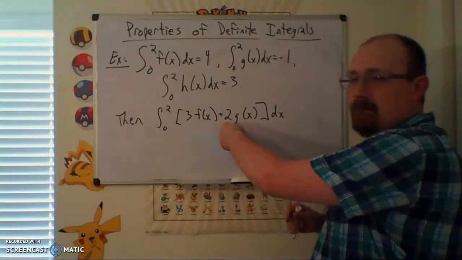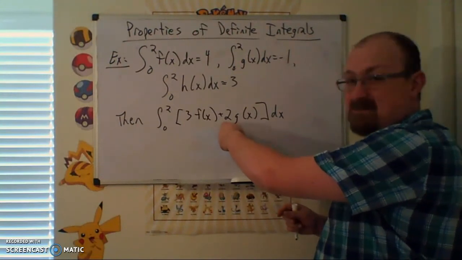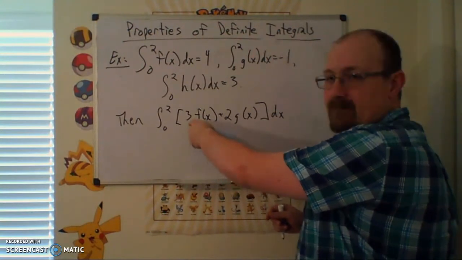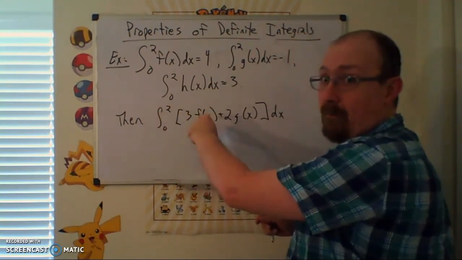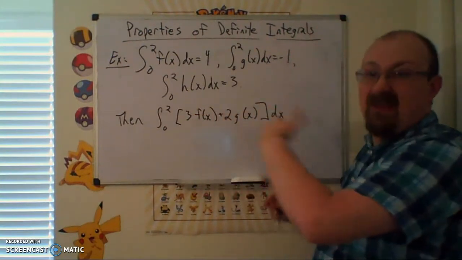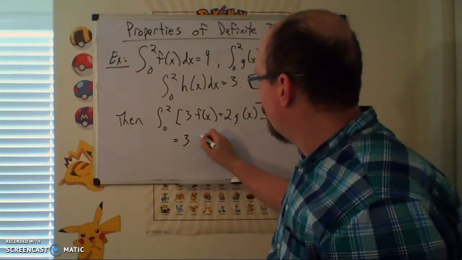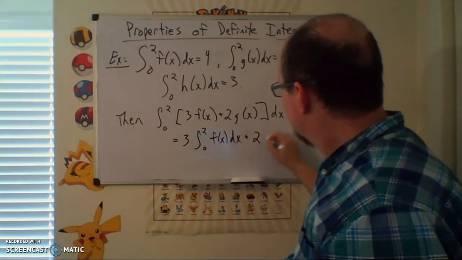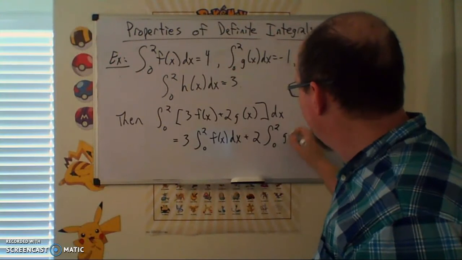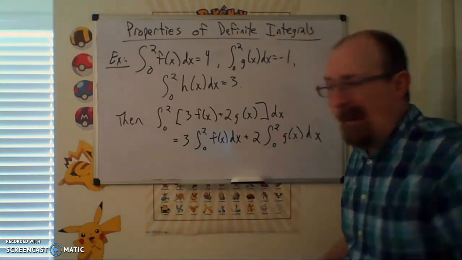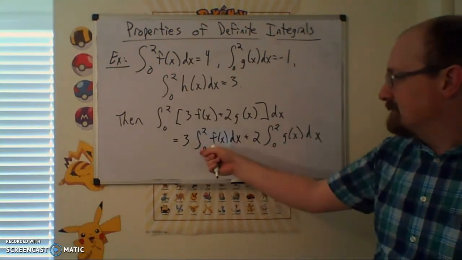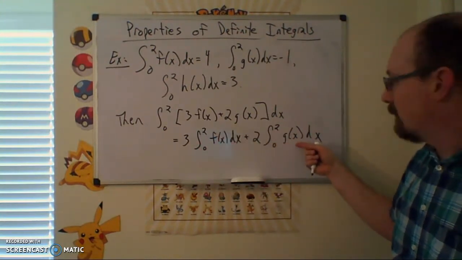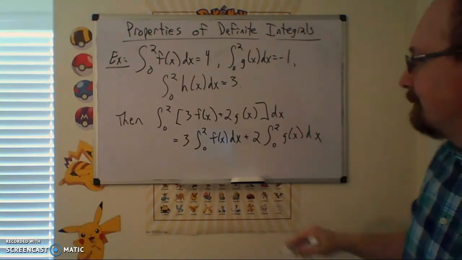Our sum difference property lets us break this up into two separate definite integrals, and then the constant multiple property, if you will, lets us yank the 3 and the 2 out front. So this thing would break down like so: 3 times the definite integral of f of x as x goes from 0 to 2, plus 2 times the definite integral of g of x as x goes from 0 to 2.